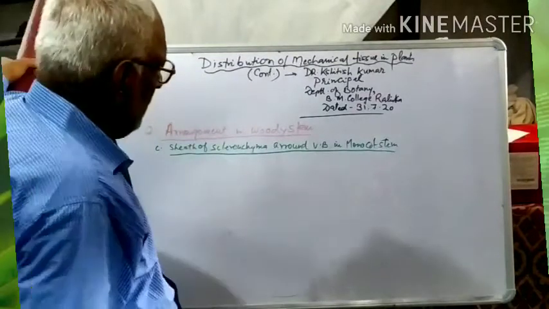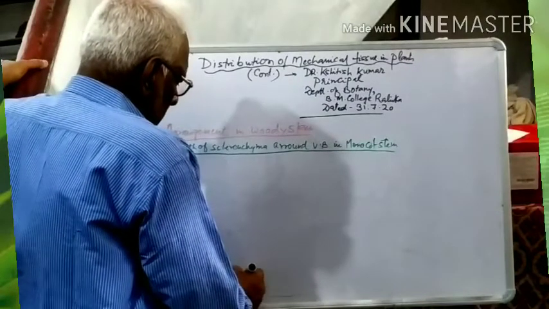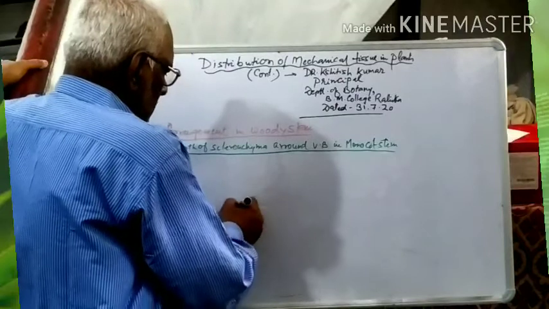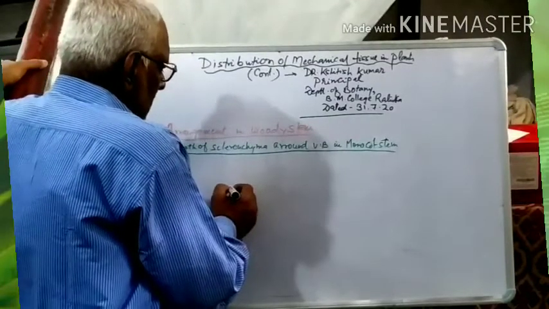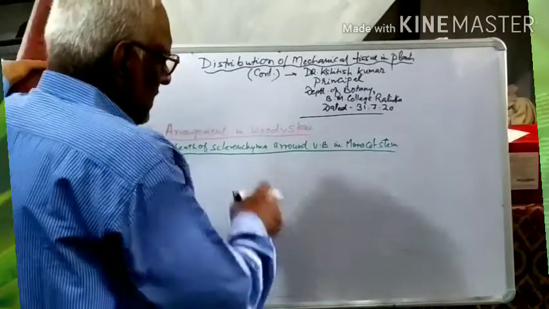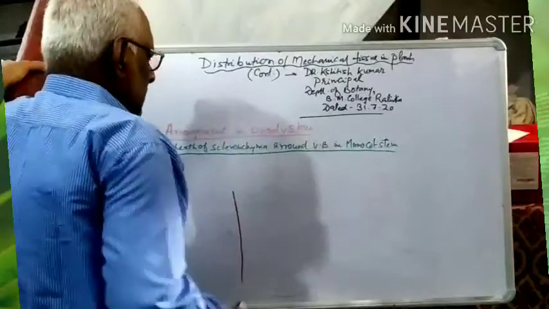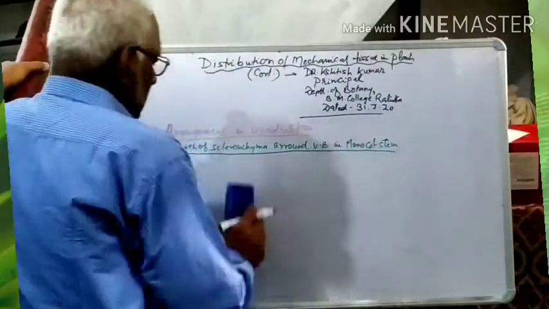And as we know, vascular cylinders go from the bottom to the top of the plant, so these vascular bundles, scattered in the ground tissue, make pillar-like structures.